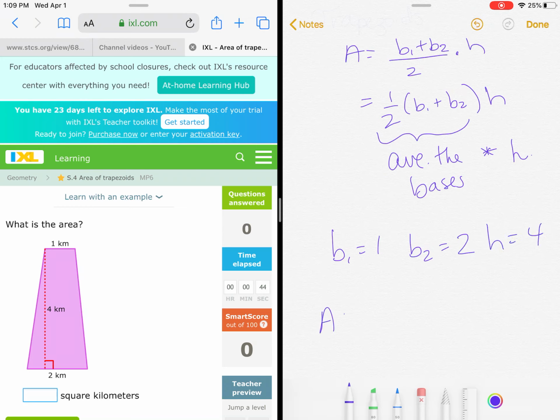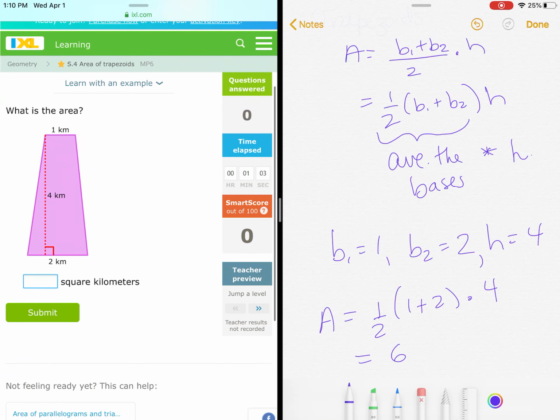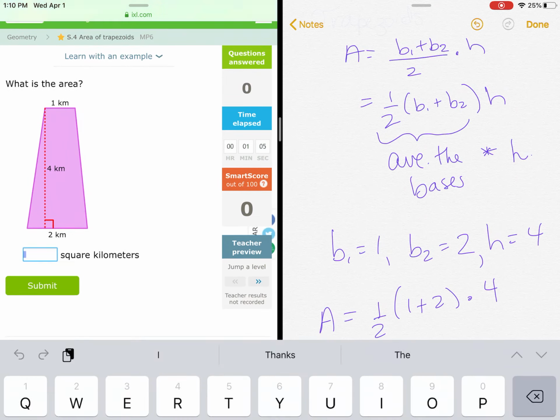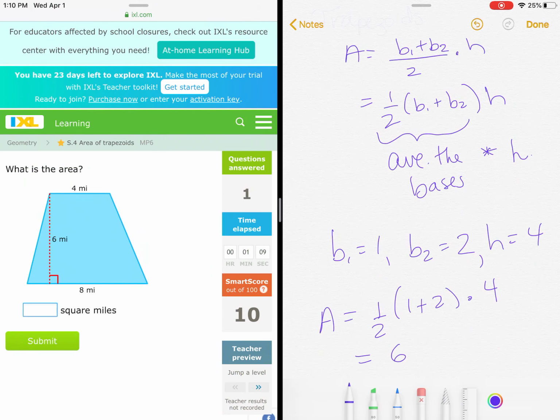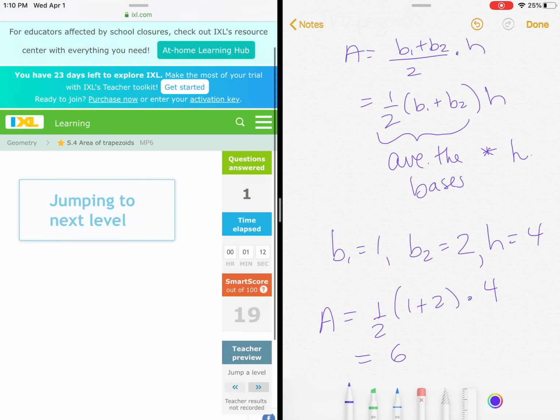Right, so I'm just going to plug that in. 1/2, 1 plus 2 times 4. 1/2 times 3 times 4 is 6. Right? Okay. So those work the same way.